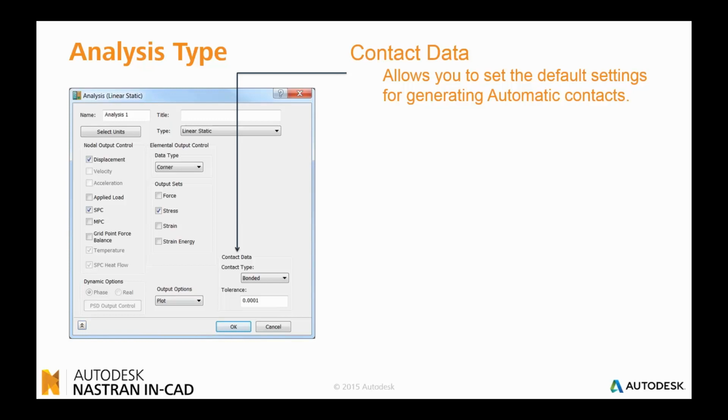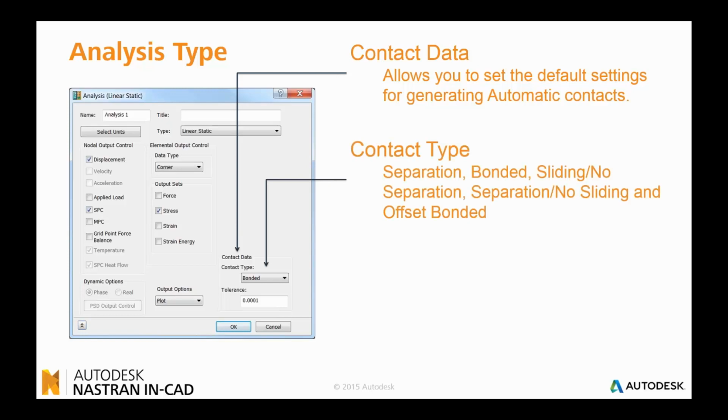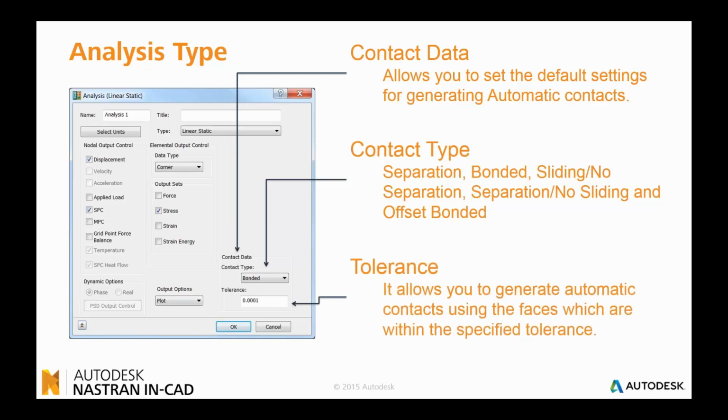So the type of contact that we choose, going back to separation, bonded and the likes, is specified here. And then we specify a tolerance, and this automatically assigns contacts to entities, so faces, which are within those specified tolerance. So the wider the tolerance, the more entities it will capture and the more contact types it will assign.